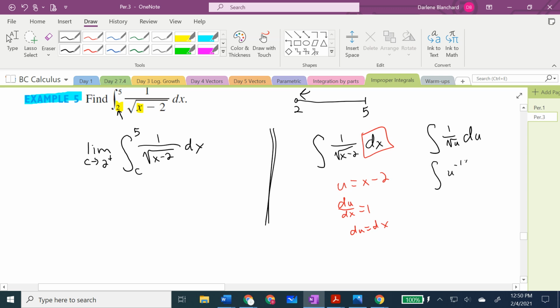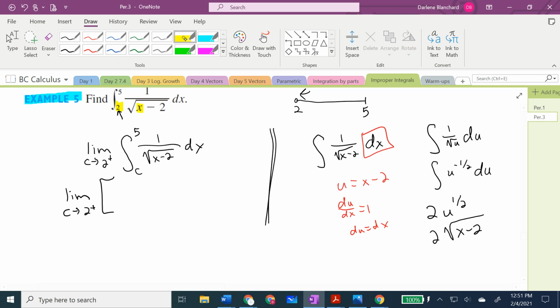That's u to the negative 1/2. I can use the power rule, add 1 to the exponent, and multiply by the reciprocal. And then that's 2 square root of u, put the u back in. And now I go back over to my limit. And I am taking this expression, and I'm first plugging in 5, and then plugging in c and subtracting them.